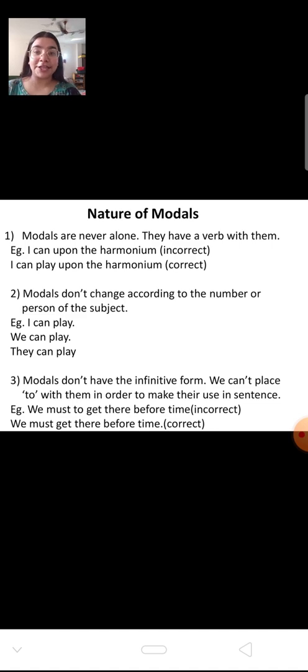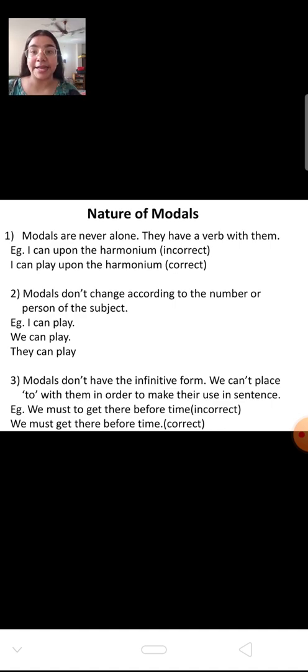Now the third nature is that modals don't have the infinitive form. We can't place "to" with them in order to use them in a sentence. So the third very prominent nature of modals is that we cannot use the word "to" with them. For example, "we must to get there before time." Here with must I have used to.